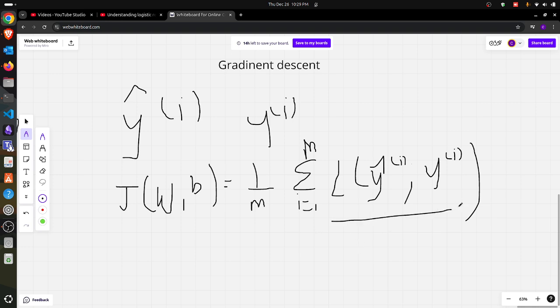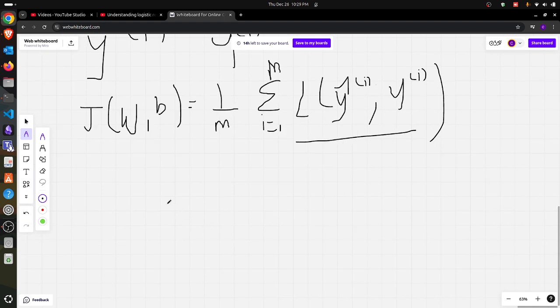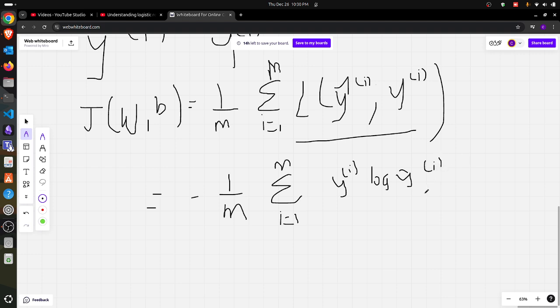So what this means is explained in the previous video. It will go negative 1 over m, summation of i equals 1 to m, and yi log of y hat i plus 1 minus yi log of 1 minus y hat i.